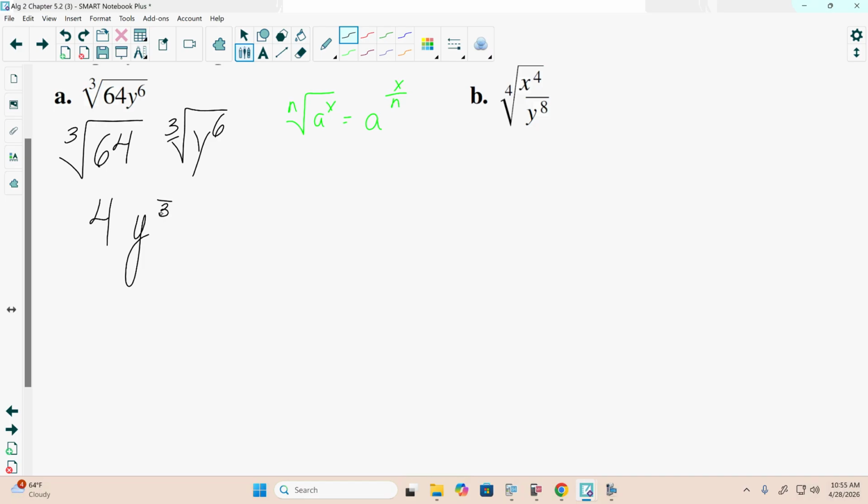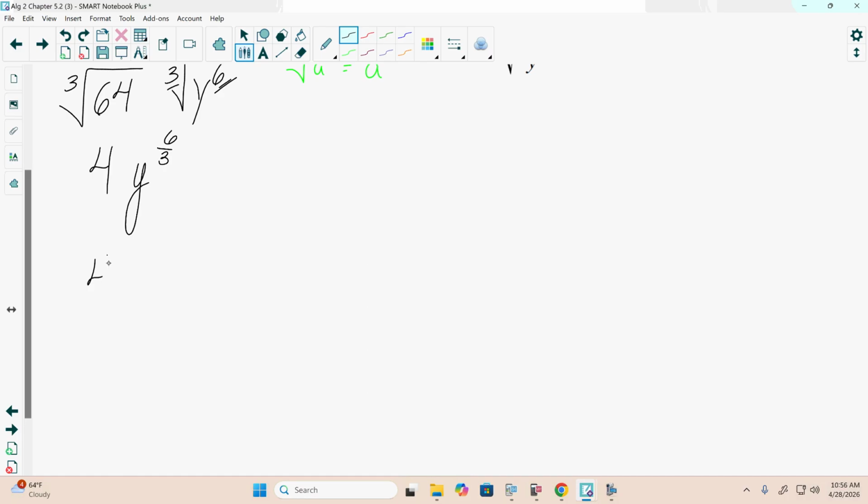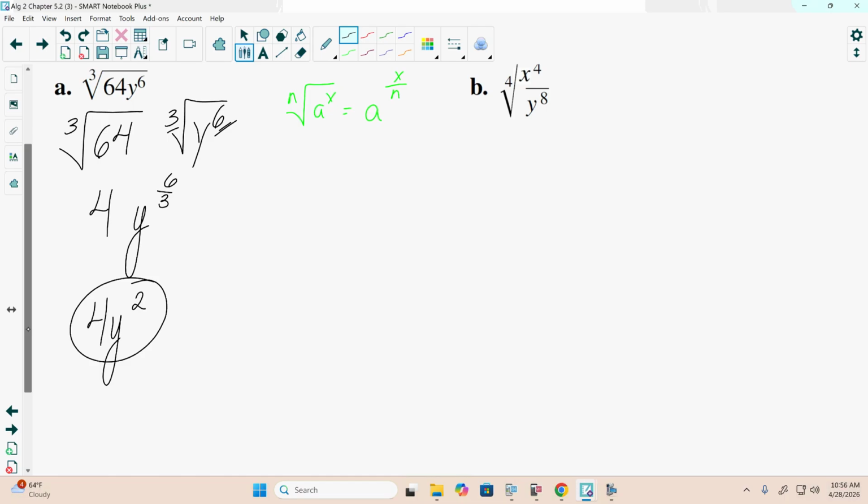The power connected to y goes on top. So the cube root of y to the 6th is the same as y to the 6/3. What is 6 divided by 3? 2. So we're saying the cube root of 64y to the 6th is 4y squared.